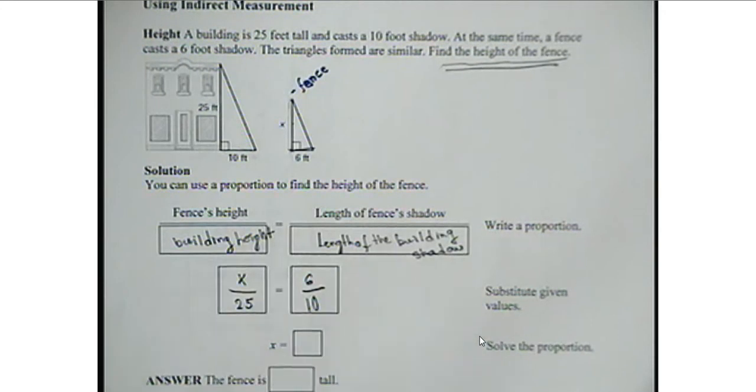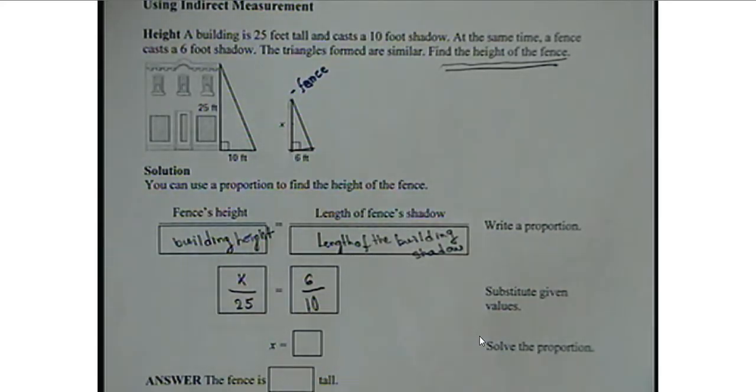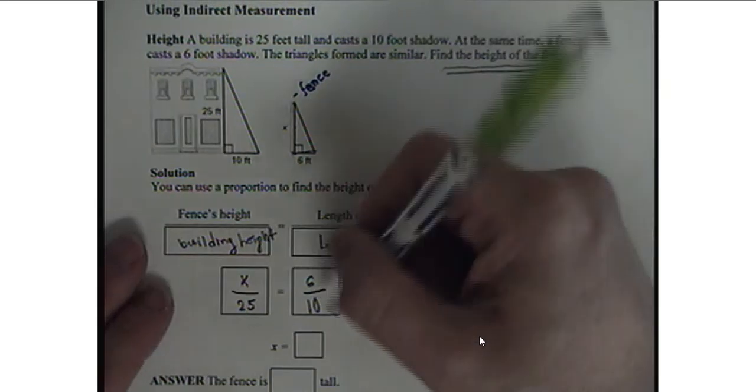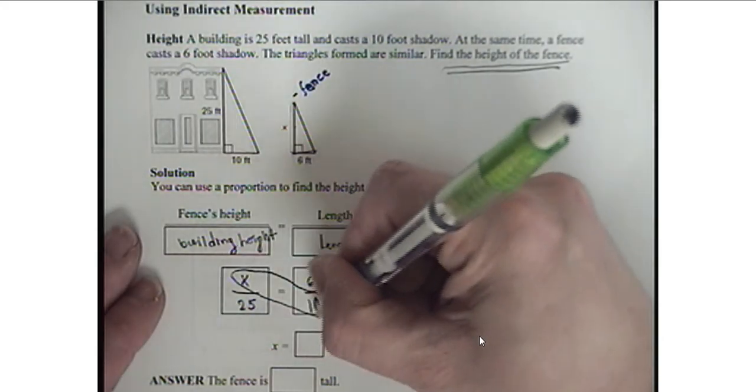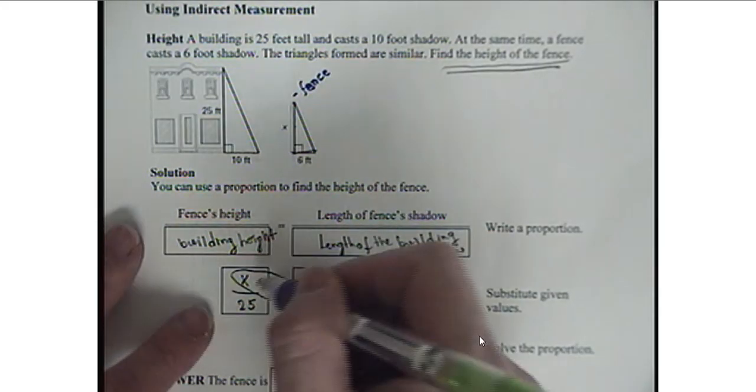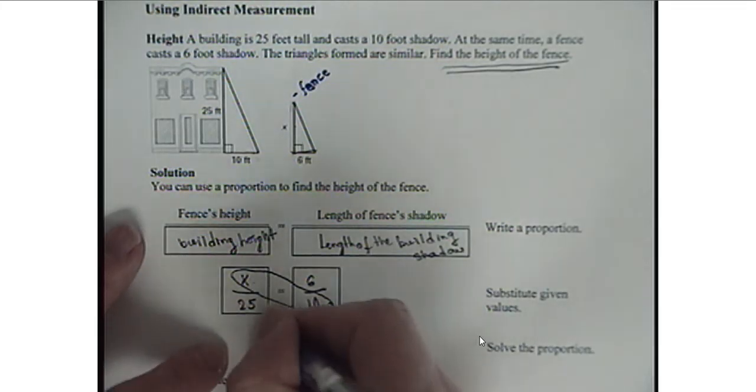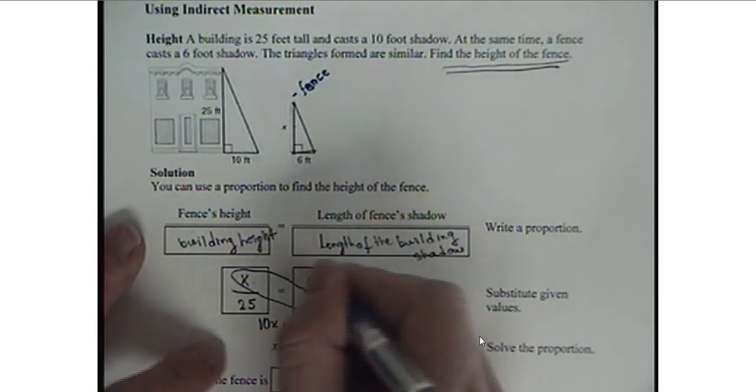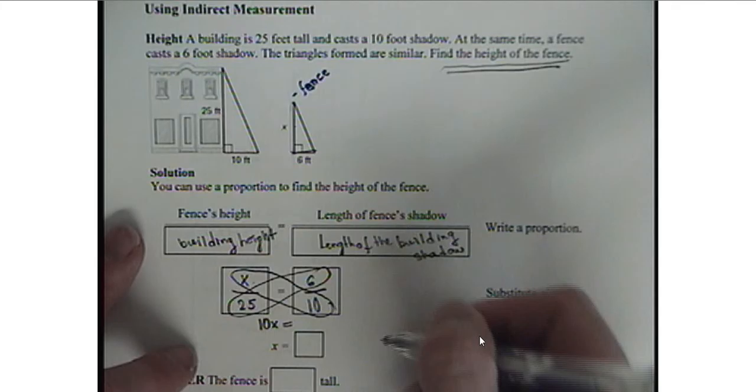Well, when we set a proportion like that, just a few days ago we learned about cross-product method and how to solve equations, just like when we did with the percentage. So we're going to use this cross-product method and we will multiply, and we're going to write x times 10 as 10x equals 6 times 25 will be 150.